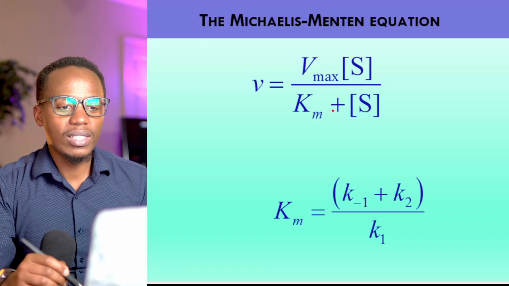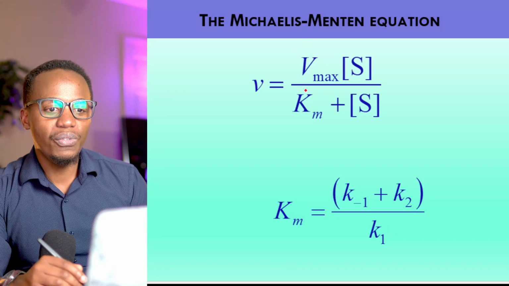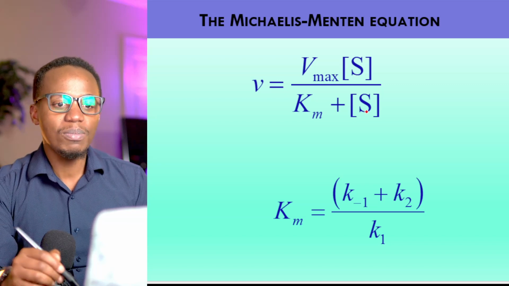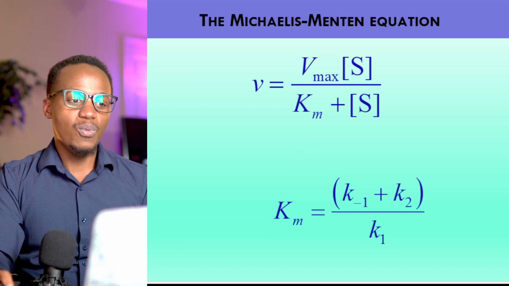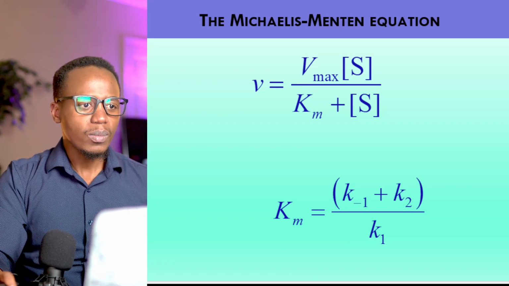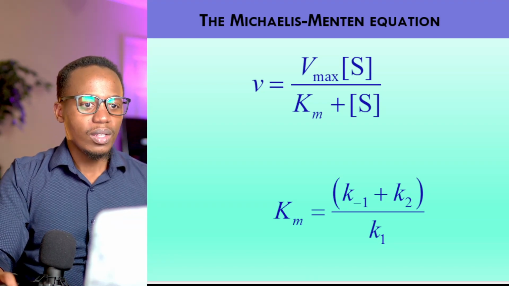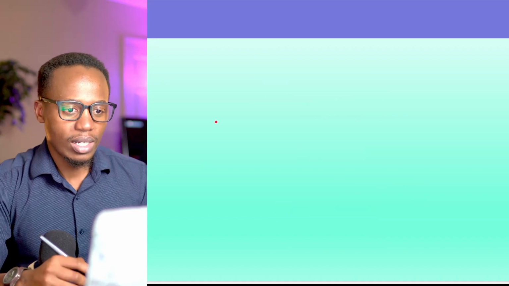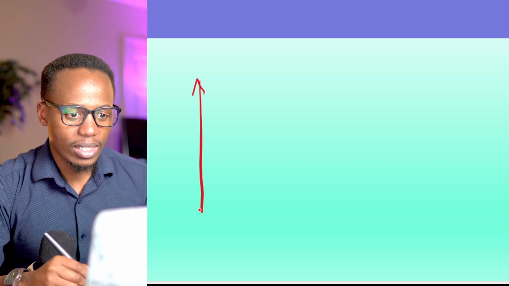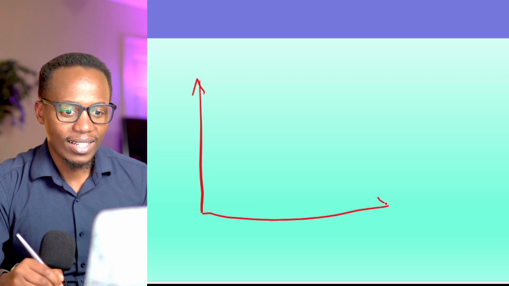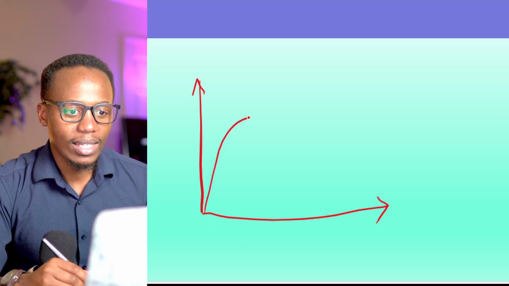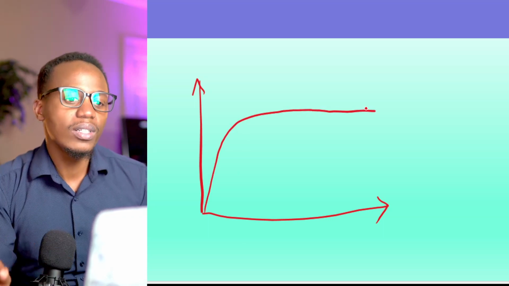The equation gave us that the rate of the reaction is equal to Vmax times the substrate concentration over Km plus the substrate concentration. What's Vmax? What's Km? Well, let's look at the enzymatic reaction that I showed you earlier. So if we have a reaction like this, our enzyme is going to start like this, and then it's just going to level off, right?